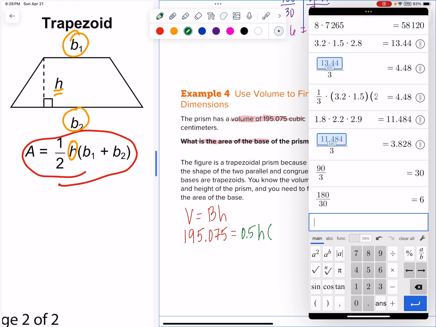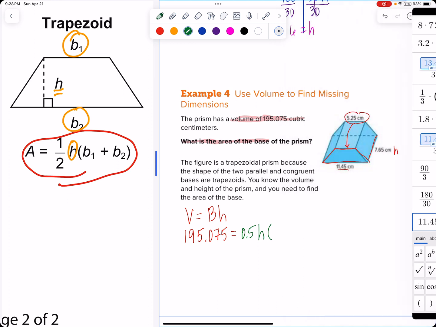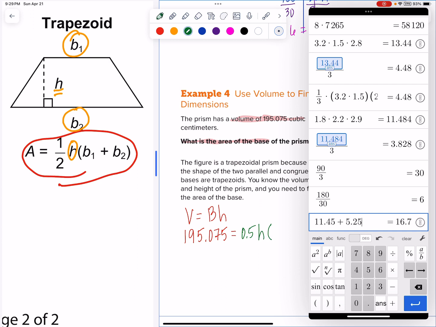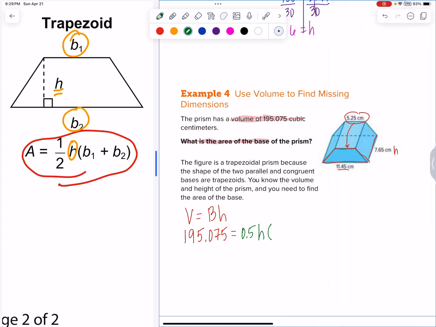It's 11.45 plus 5.25. So we have 16.7. And then we're multiplying all that by the height of the actual prism itself, which is 7.65.